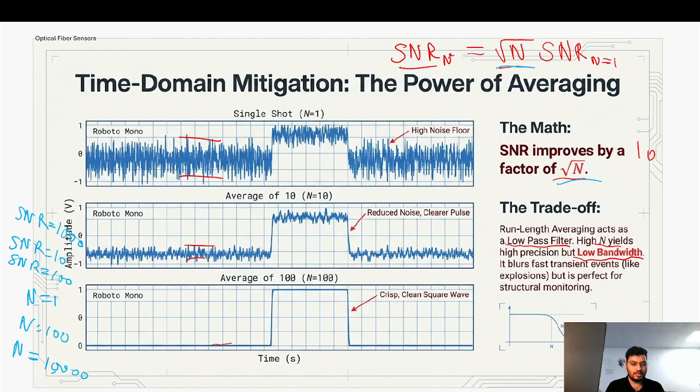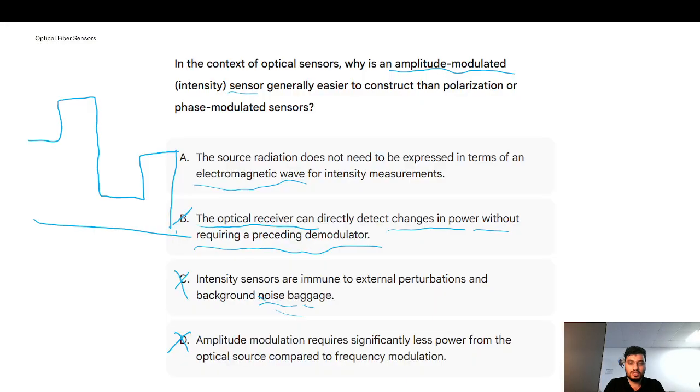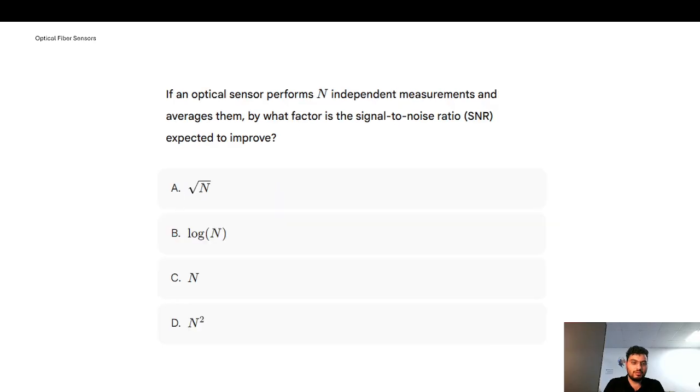You will get very nice square wave, clean, crisp and clean data, but there will be a problem with the bandwidth. Speed will reduce drastically. Detection speed also matters. So we need to play with both. The SNR we need to take care of, along with the bandwidth also.